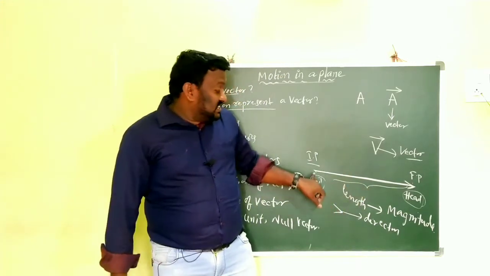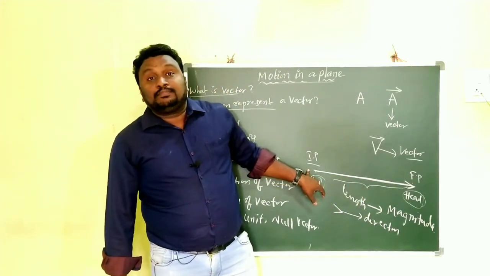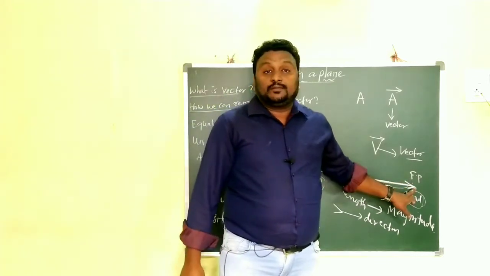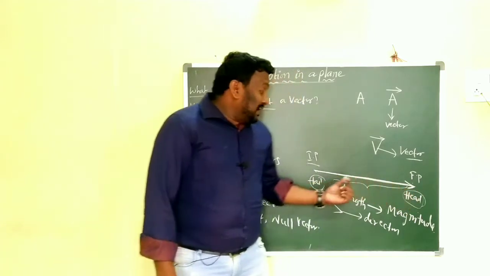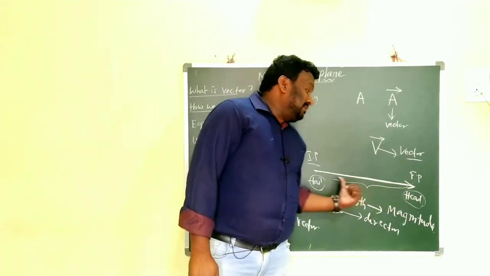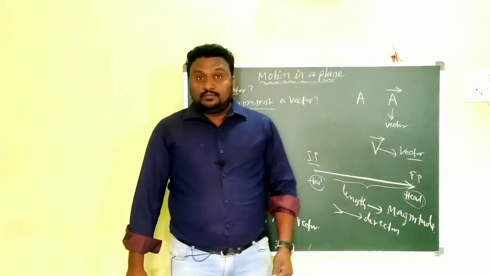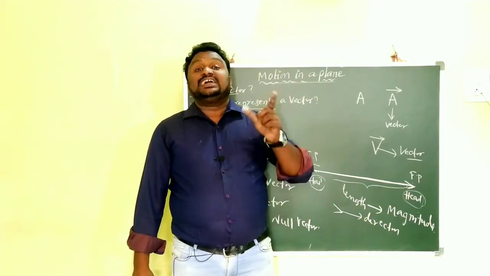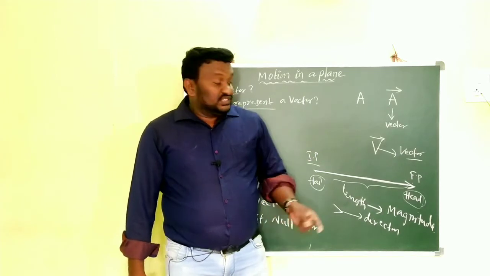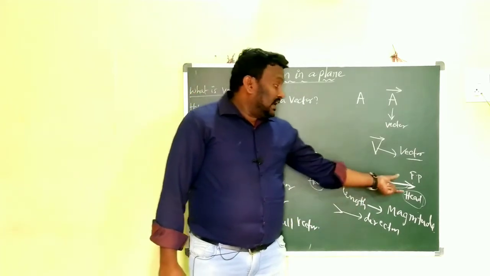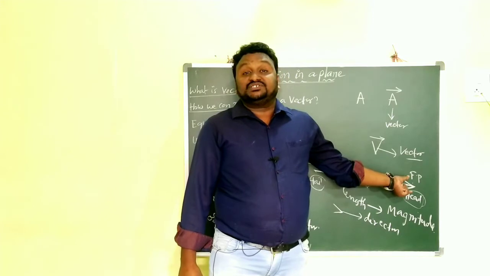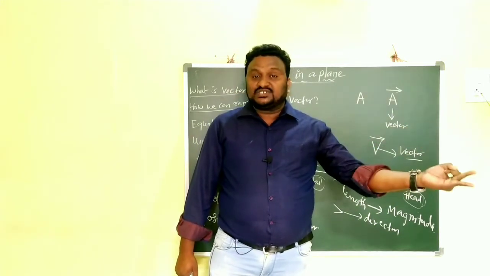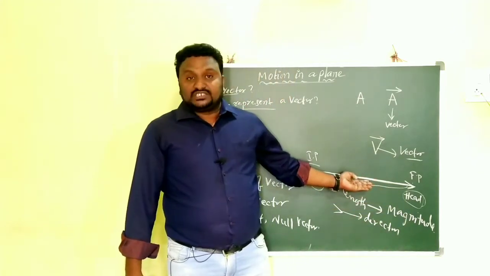This is the tail part, taken as the initial point, and this is the final point, the head. The entire length is taken as the magnitude and the arrow mark symbol represents the direction. So it has magnitude and also direction. That's why it is called a vector.